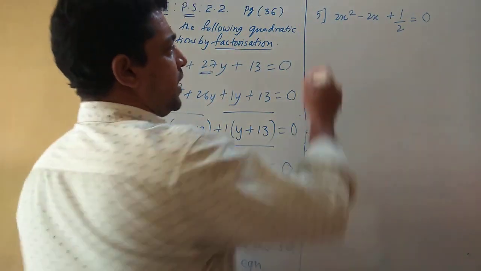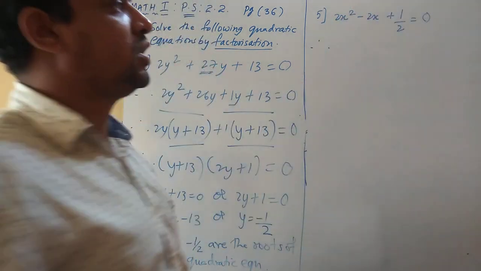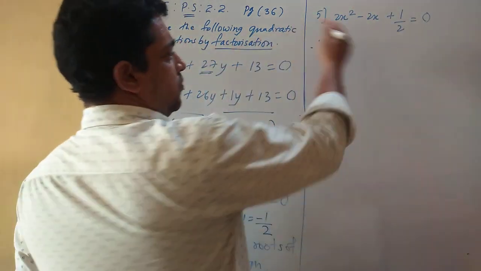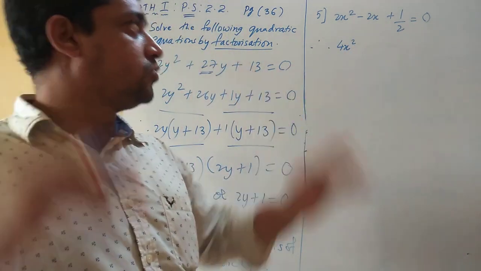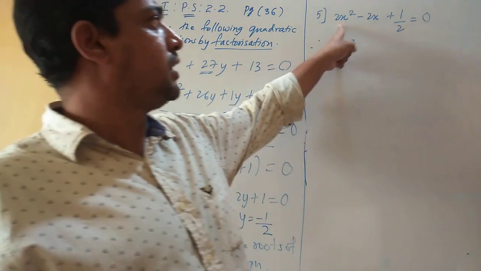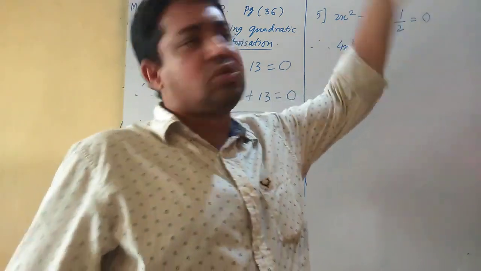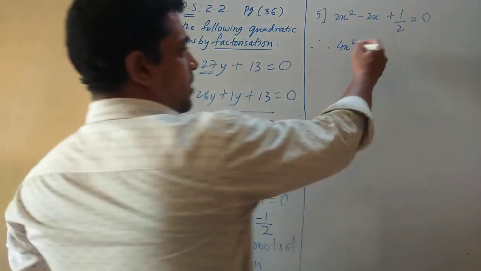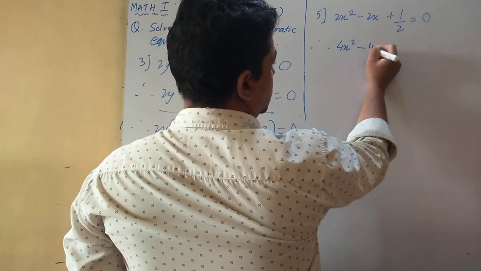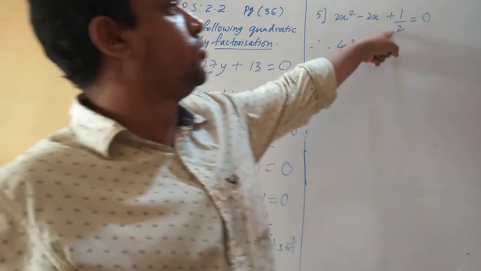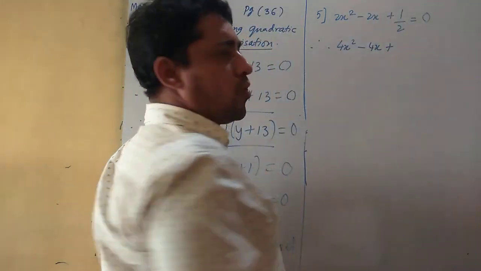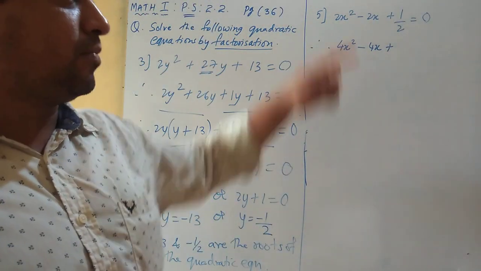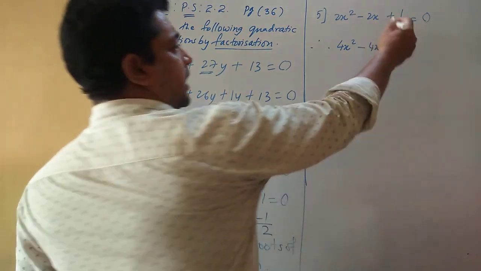So once I am multiplying both the sides of the equation by 2, what I will get is 4x square, correct? Because your LCM is 2 here. Remember, I am multiplying all of these and even 0 with 2. So 4x square minus 2x, that is 4x, it will become, 2 2s are 4. 4x plus, now you might say, sir, 2 upon 2. No, once I multiply 1 also by 2, it gets cancelled, correct?